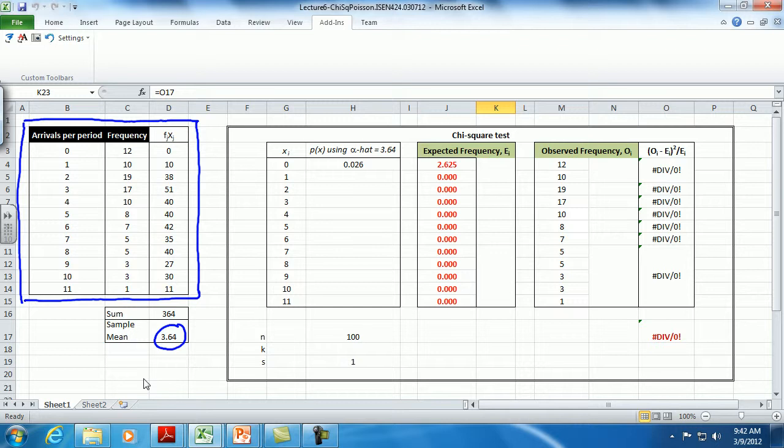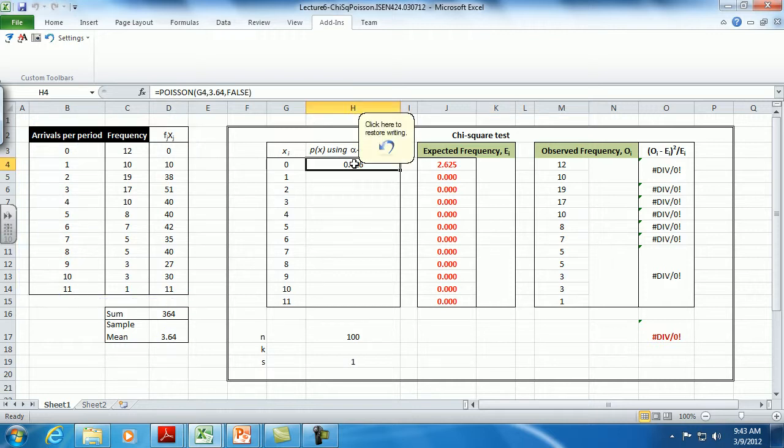So again, our random variables are here. You can have either 0 arrivals during that time period, 1 arrival, 3 arrivals, and so on, up to 11, based on the information we collected in the example. And using that information, we can compute the probability of having 0 arrivals, 1 arrival, 2 arrivals using the Poisson.